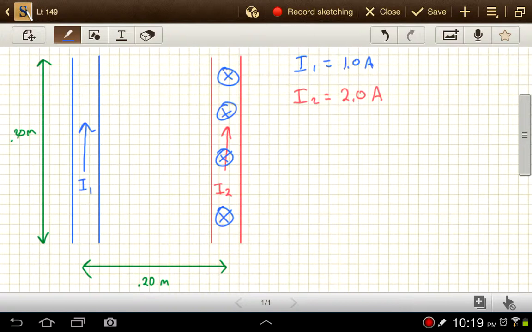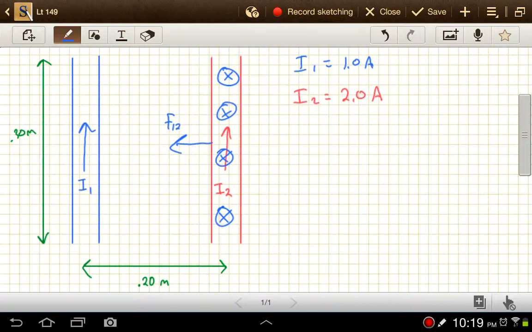Your middle finger goes in the direction of B, which is into the screen, and you'll end up with your thumb pointing to the left. And so there's going to be a force to the left. The force by 1 on 2 is going to the left. I keep saying right, but it's to the left there.